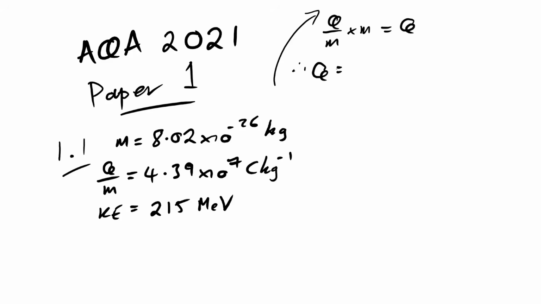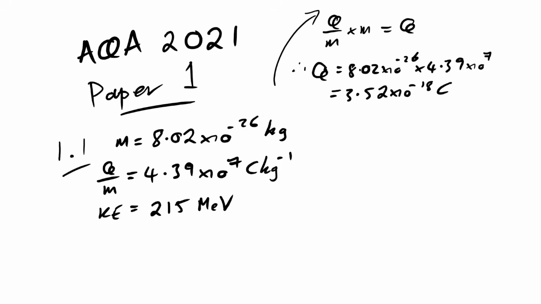So charge is going to be equal to 8.02 times 10 to the minus 26 times 4.39 times 10 to the 7, and that gives us, keeping all the figures for the time being, 3.52 times 10 to the minus 18 coulombs. A nucleus is made up of protons and neutrons, and it's only protons that have the charge, so we can find the number of protons.